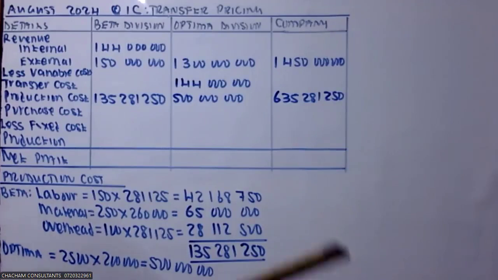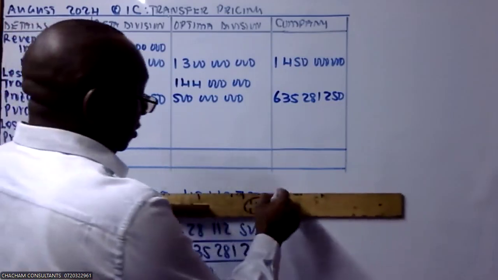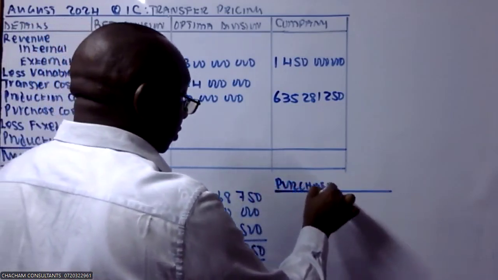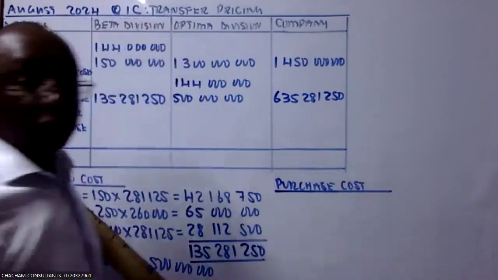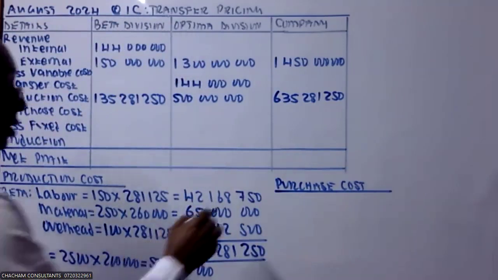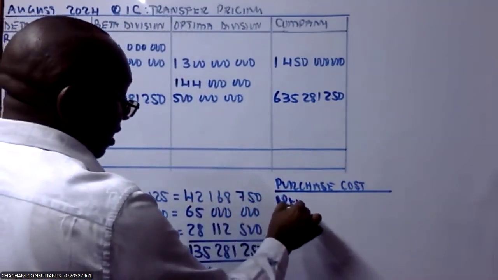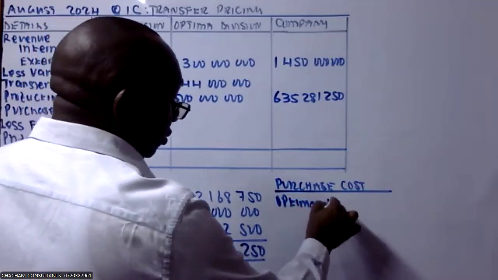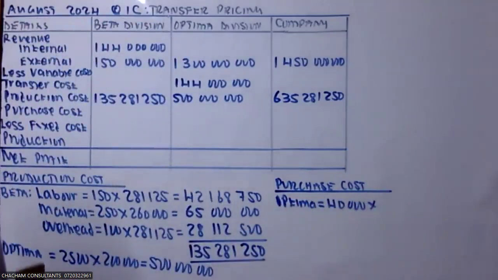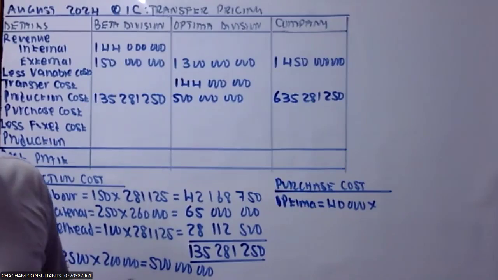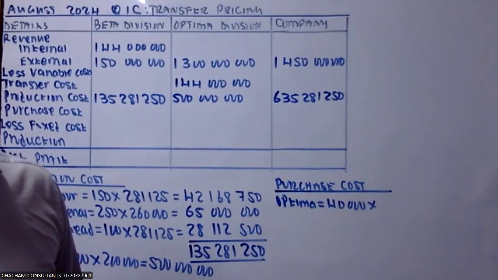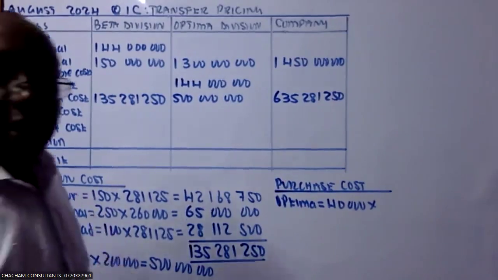Let's go to purchase costs now. The purchase costs are only happening in Optima. It is Optima that is buying. We are told they are buying 40,000 units at an external price of 1,600 according to information 3.